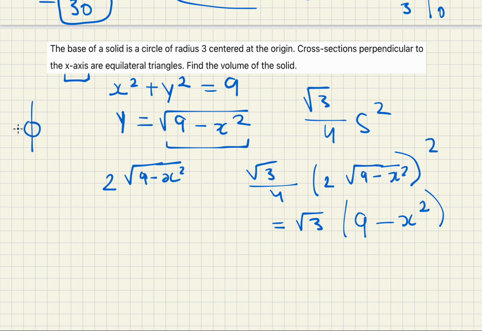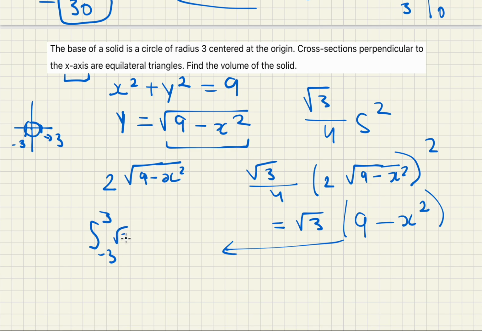If we draw the shape, it would look something like this, with the radius being 3 here. This is also 3 because the radius is uniform. And so since we know this, the bounds will be -3 to 3, its place on the Cartesian plane.